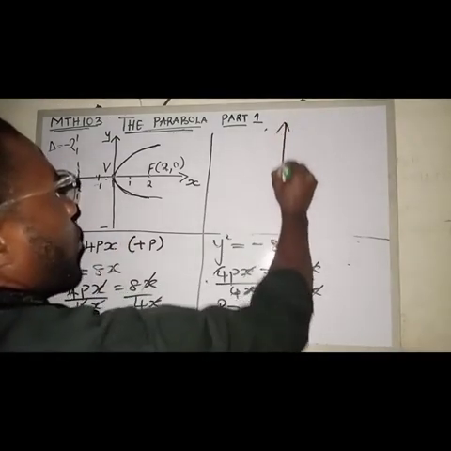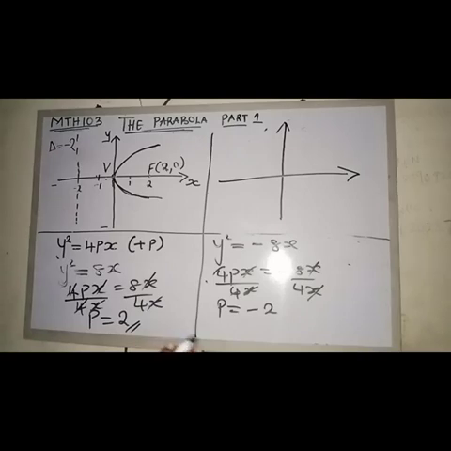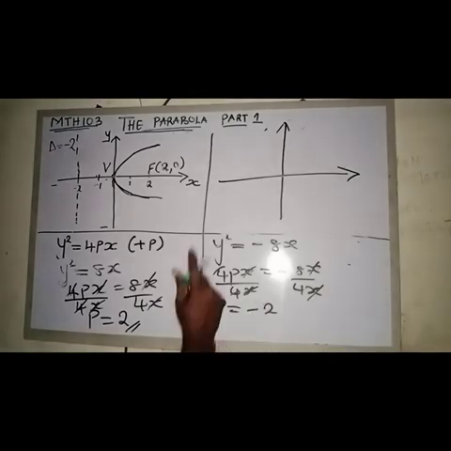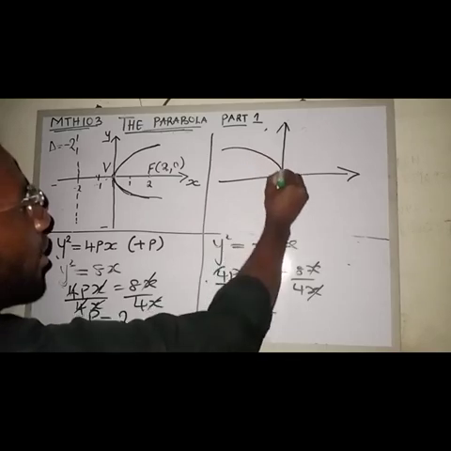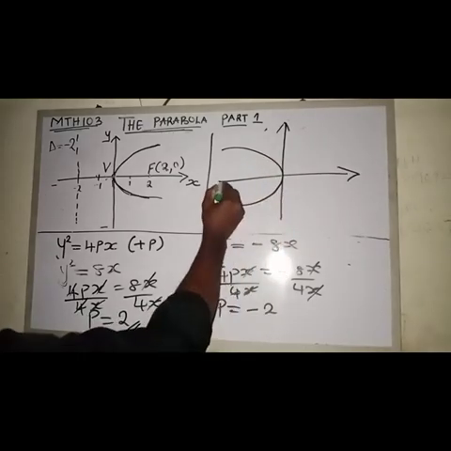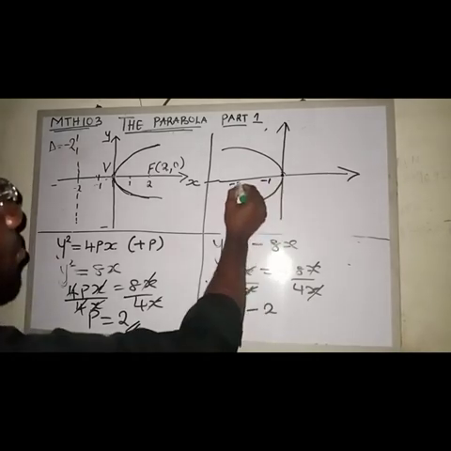Our diagram will now look this way. Remember the concept: the focal point is at the negative, so the curve will open at the negative x, something like this. You see this? Because this is 0, minus 1, minus 2.